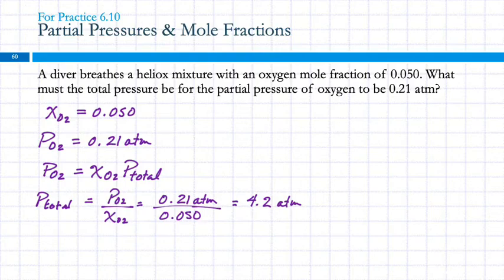Speaking of helium, why does our voice change? I think that's because the density of helium is much less than air, and so the vibrations of your vocal cords are going to make sound waves of a different wavelength.